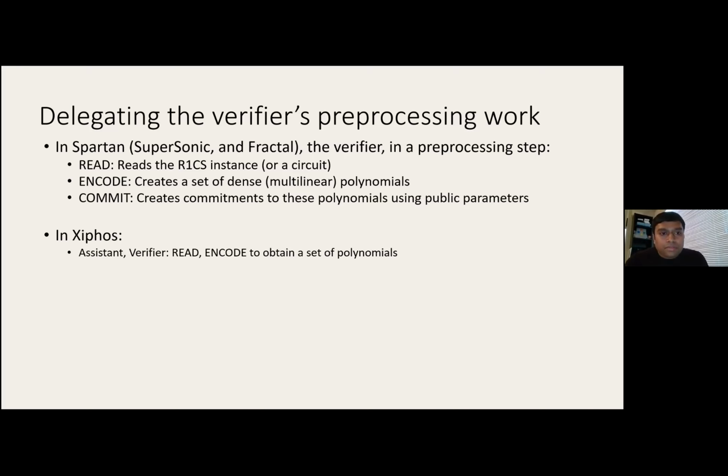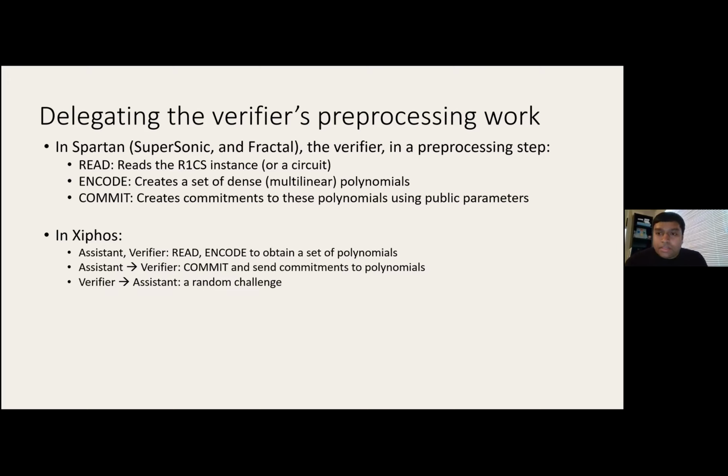Whereas in Xiphos, we introduced the notion of an untrusted assistant. So this untrusted assistant could be played by anyone, including the prover. So in Xiphos, in a pre-processing step, the assistant and the verifier would just read and encode this instance into a set of polynomials. And then only the assistant would execute the commit operation and send those commitments to the verifier.